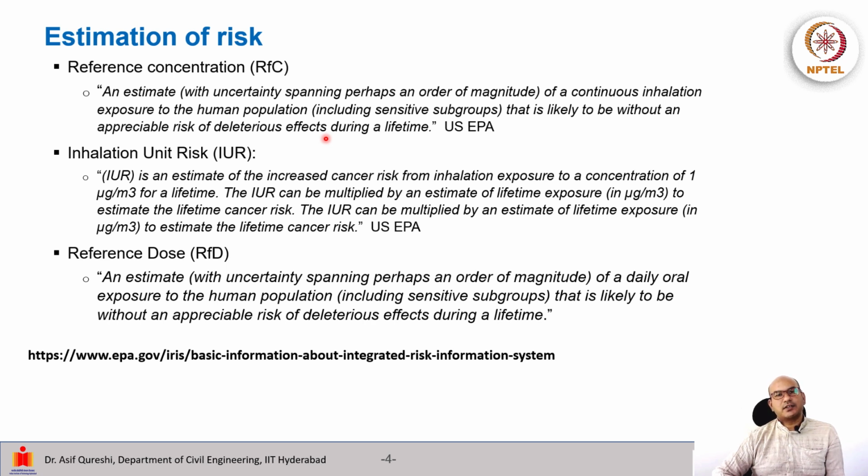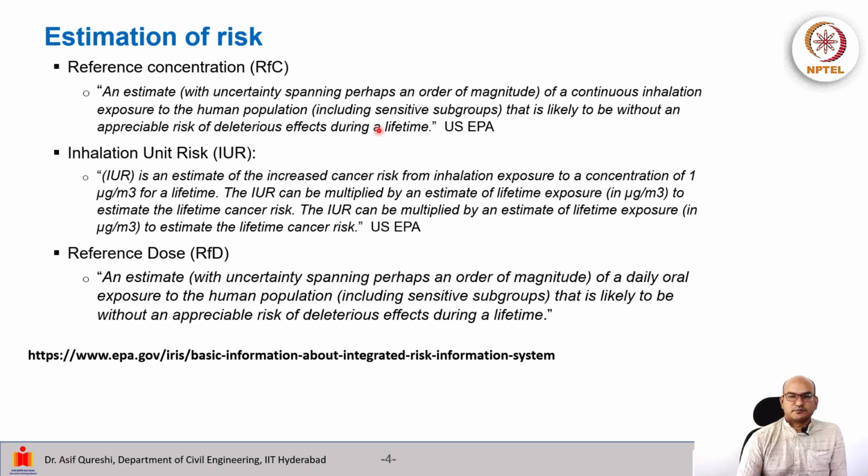The definition does not say the person will not develop any deleterious effect, and it is not saying that the person will develop one. It is also not saying that a person cannot develop a deleterious effect if the concentration is below my reference concentration.